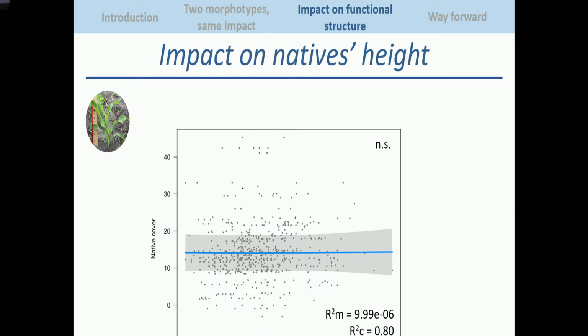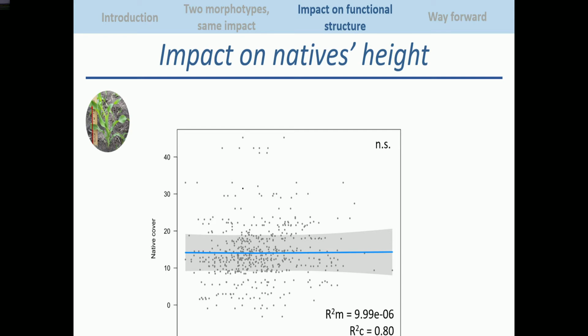So the next thing that I asked myself was, okay, we have this plasticity going on, species tend to be taller or lower, so is it actually linked to the success of the species? Is a species able to coexist with the invader when it's able to change its trait value? And so what I tried to model was the cover of each native individual in the plots as a measure of its success, and the displacement.